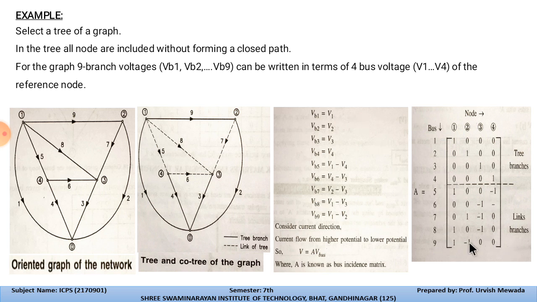So this is how we can solve any network which is given. For the network, first of all we draw the oriented graph, and then we find the tree and co-tree of the particular branch, and we can write the voltage equations and the current equation for the particular node to branch.